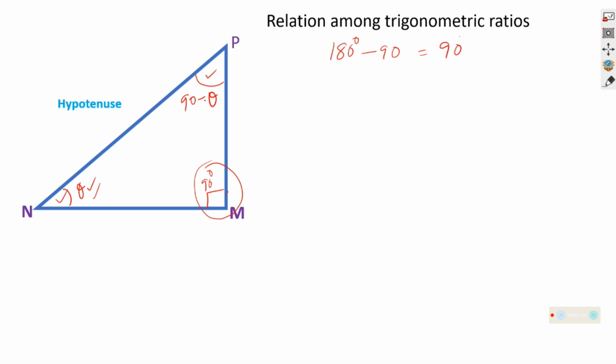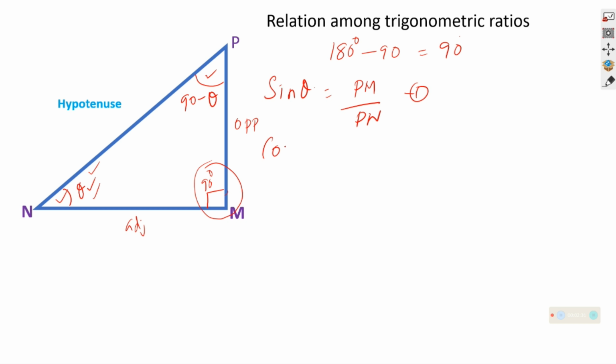By keeping this in mind, we are trying to apply the learned ratios, sine theta, cos theta and tan theta, in this particular triangle. Then we will write sine theta, the sine ratio of the angle having measure theta, as equal to the opposite side upon the hypotenuse, so we will simply write Pm upon Pn.